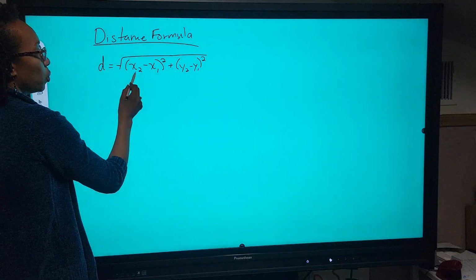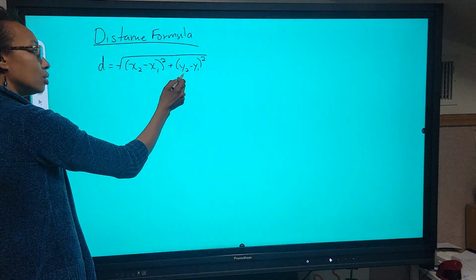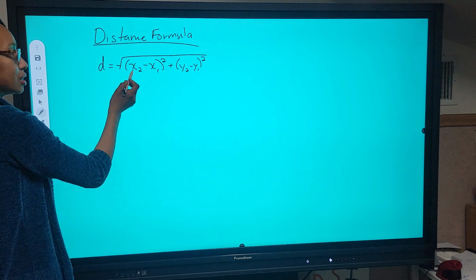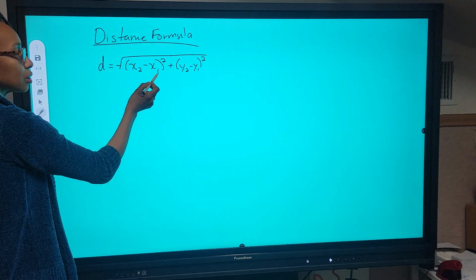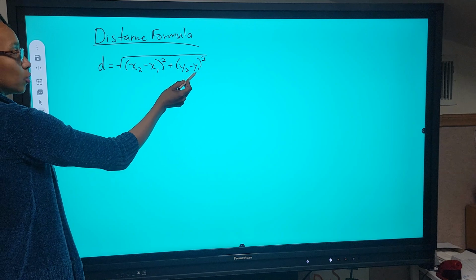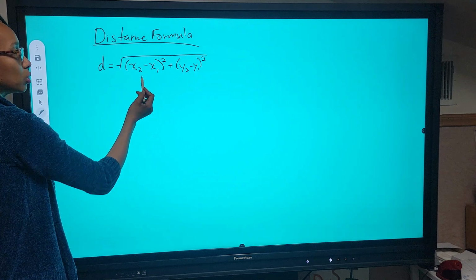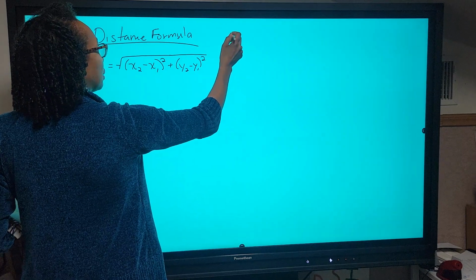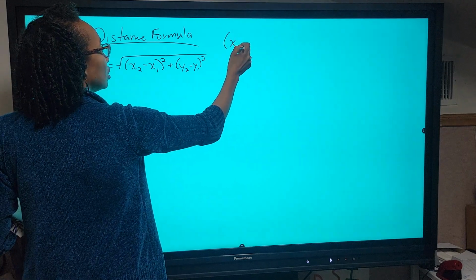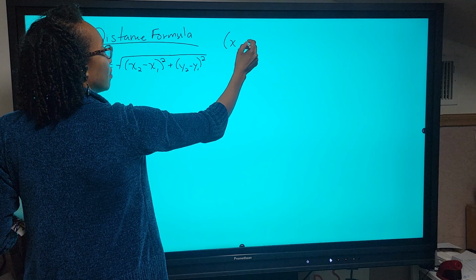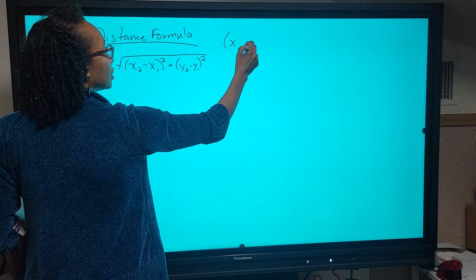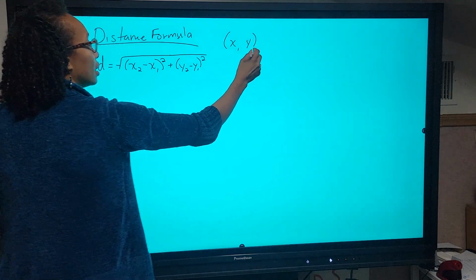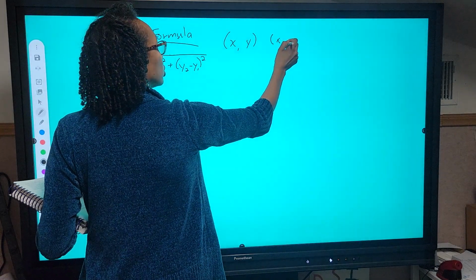The x sub 1s and sub 2s, and the y's as well, are like when we did our slope formula. It just means the second x and the first x, the second y and the first y. So these are not exponents, they're just labels, all right? They're labels for our ordered pairs. They would have to give us an x value and a y value, and then a second x and y for the 2 points.